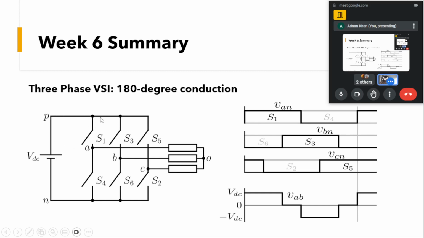If you follow the path S1, VAB and S6, VAB will be equal to VDC in this 60-degree interval. Now we will see the next 60-degree interval. Here you can see S1 and S2 are on. So S2 is this.